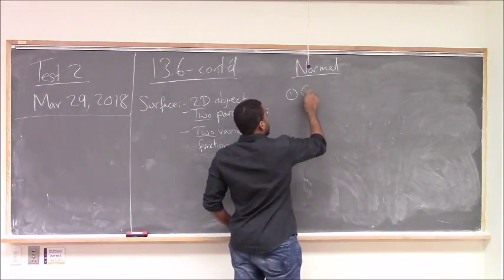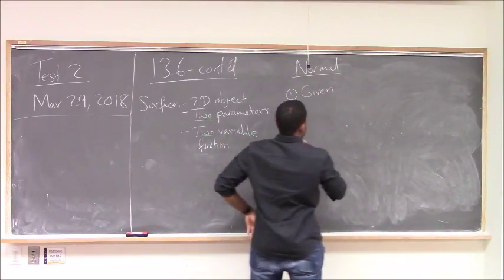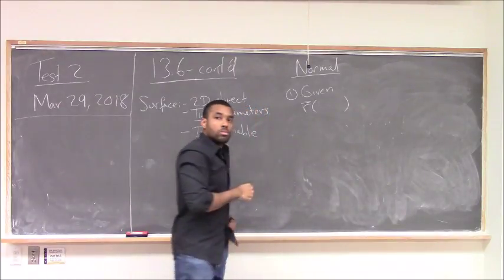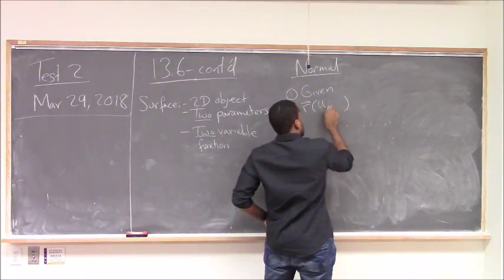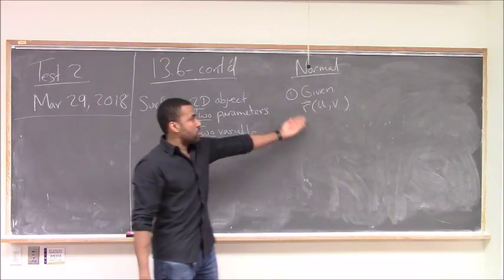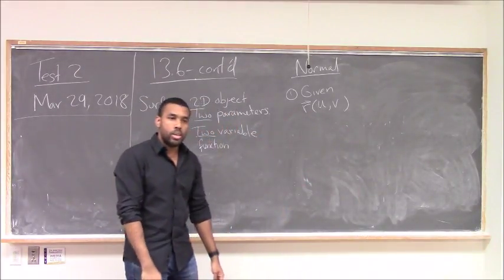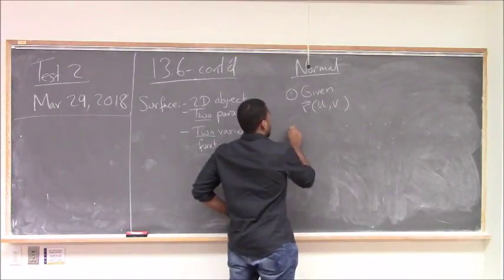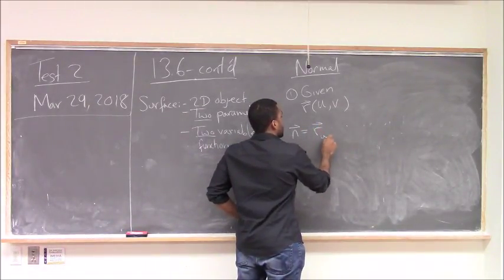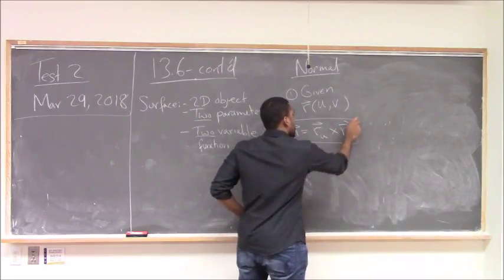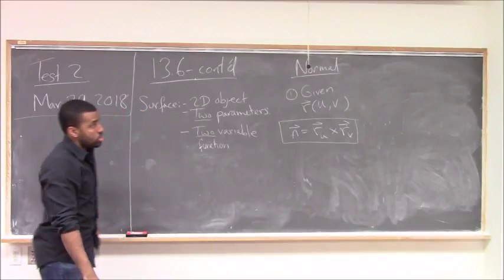Given a surface has a vector function, let's say it's r. How would you describe it? r of u, v. Don't be married to those letters. It doesn't matter what letters you call it, but it's a vector function with 2 variables in it. Then the partial with respect to u, cross product with the partial with respect to v. Right, so if you take r sub u cross product with r sub v, that's one way to get a normal vector. In fact, that's the definition of how we can get a normal vector.